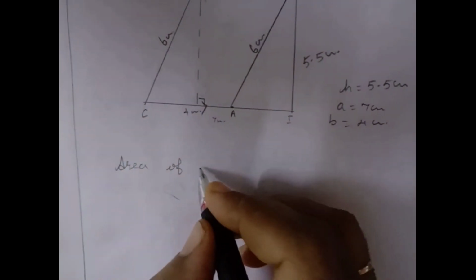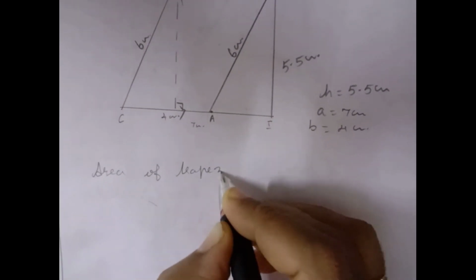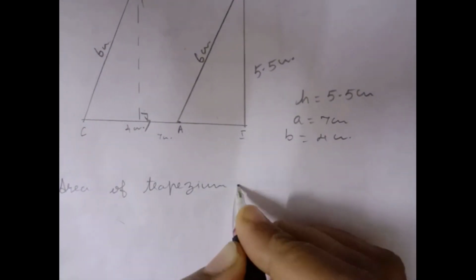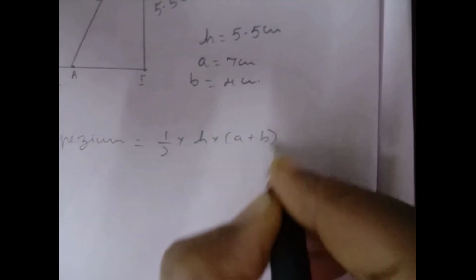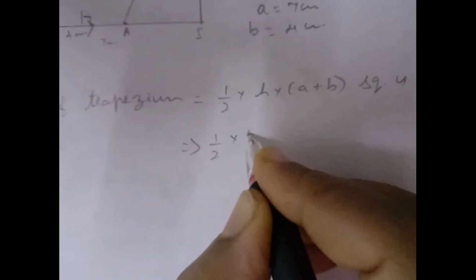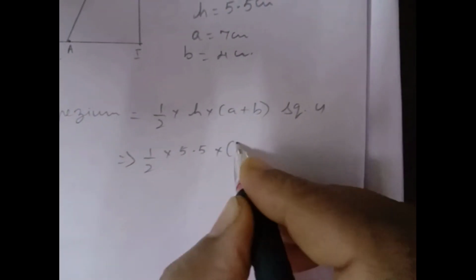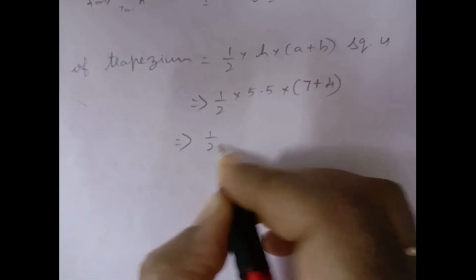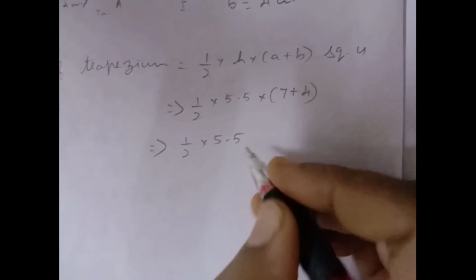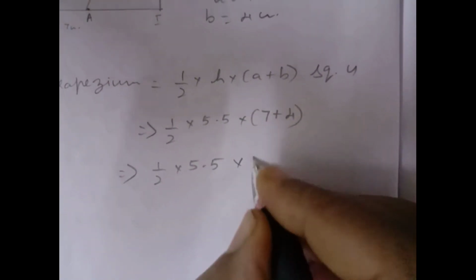Area of trapezium equal to half into H into A plus B square unit. Half into 5.5 into 7 plus 4. 7 plus 4 is 11.